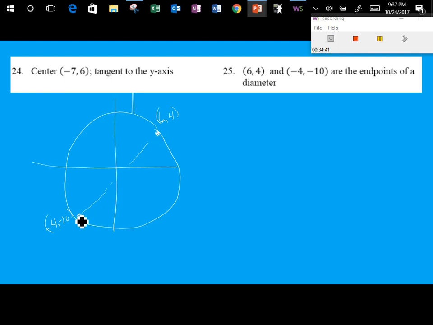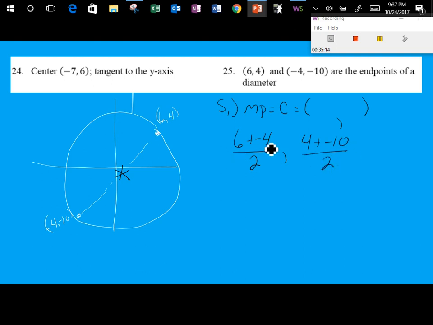Since these are endpoints of a diameter, it must pass through the center. I need to figure out the midpoint. So step number 1, let's go get the midpoint, which is really the center of the circle. Now, to get your center, you add up the x's, divide by 2, add up the y's, divide by 2.